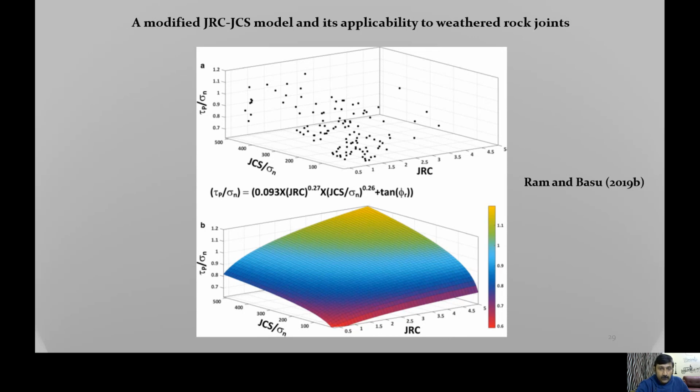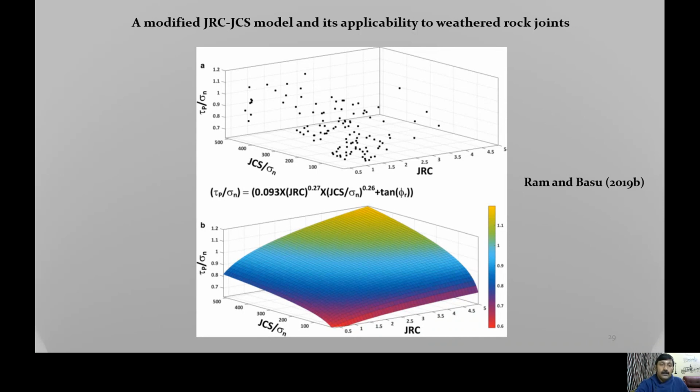One can take a look at this particular criterion, and we also cross-checked the validity or the efficacy of this shear strength criterion with reference to other very popular and very efficient shear strength criteria like Barton's criteria and other similar criteria.